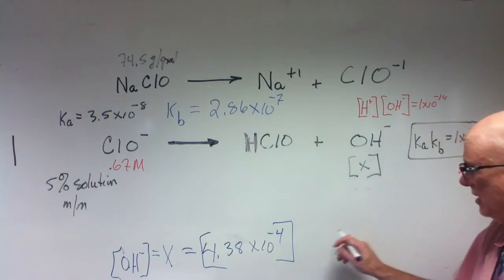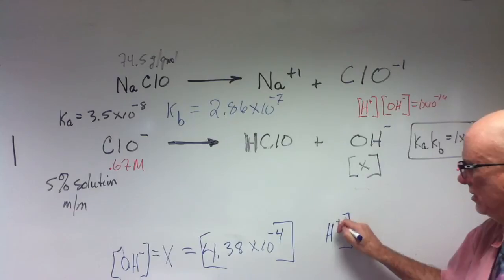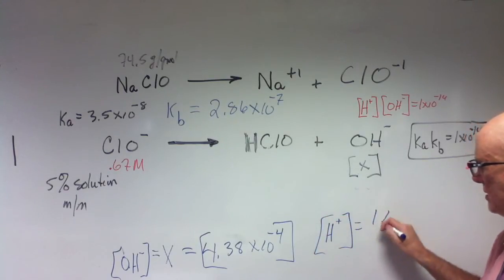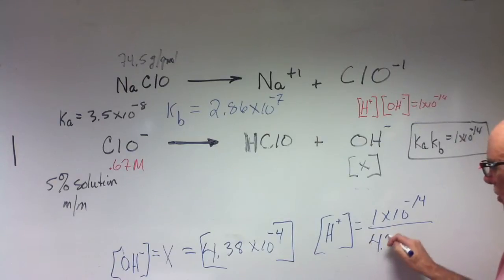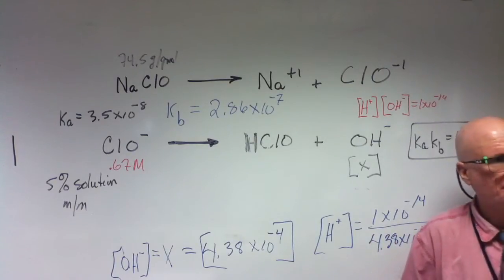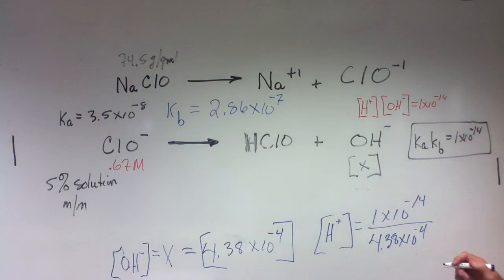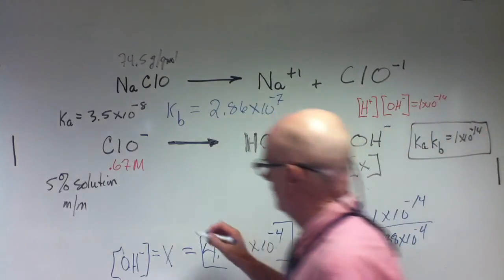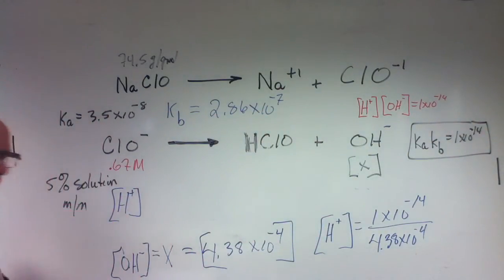You'd say the H ion concentration equals 1 times 10 to the negative 14 divided by 4.38 times 10 to the negative 4. What do you got? What's your value?